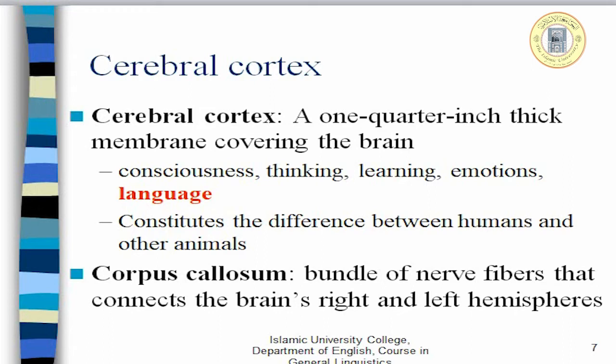Corpus callosum represents a bundle of nerve fibers that connects the brain's right and left hemispheres. It is not like the arcuate fasciculus, nerves whose function is to connect Broca's area to Wernicke's area, while the corpus callosum is a bundle of nerve fibers that connects the brain's right and left hemispheres.